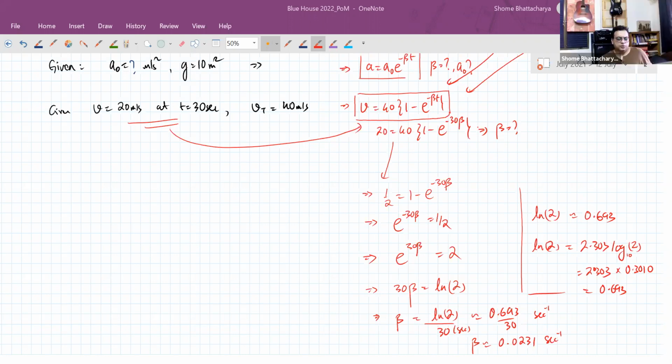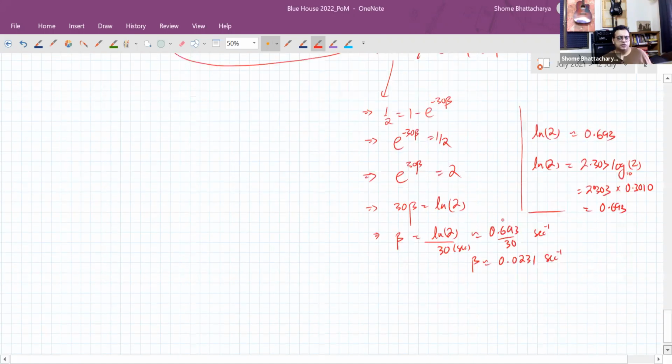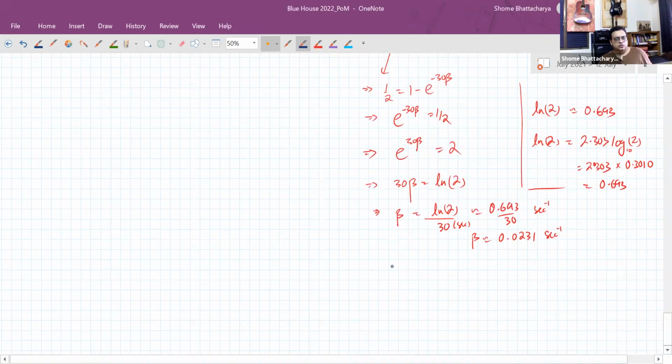Okay, so hope all of you are clear with this value of beta that we got. Now terminal velocity was given to us as 40 meters per second, and beta is in proper units 0.0231 second inverse. So automatically our initial acceleration, which is terminal velocity into beta, will come in meters per second square, right?